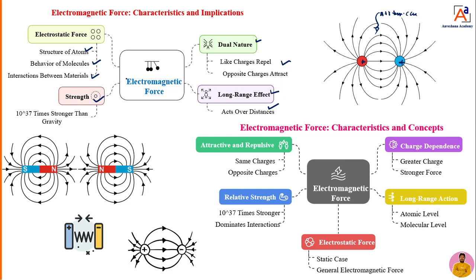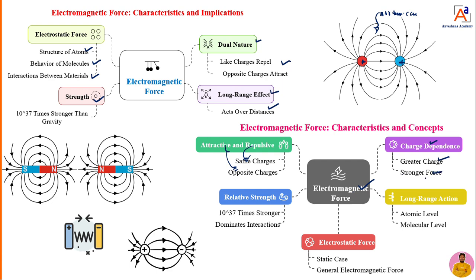This is about the electromagnetic force. As I told you, students, the repulsive force happens when both charges are the same, and the attractive force happens when the charges are opposite. It is charge dependent. If the charge is greater, we get more electromagnetic force.